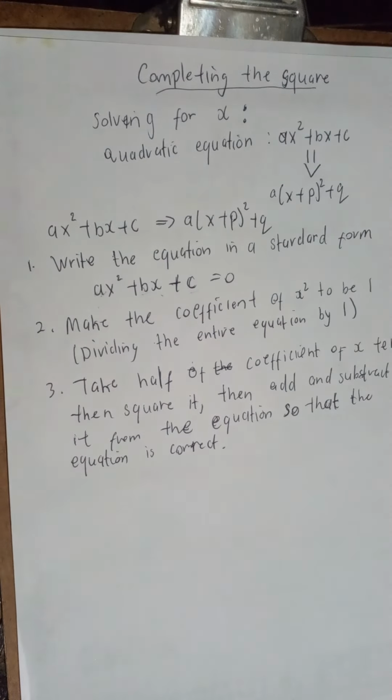The main aim of adding and subtracting it is that you don't want to change the mathematical expression that you were given. Once you add something and subtract the same thing, you automatically get 0, and that simply means you haven't changed the whole expression of that equation.